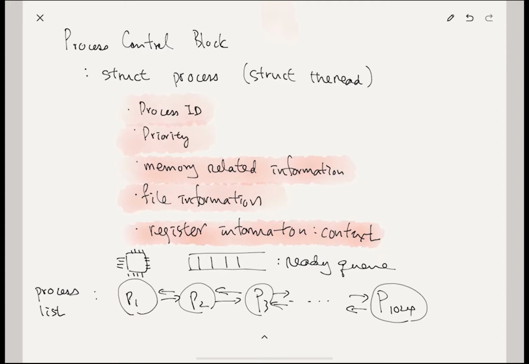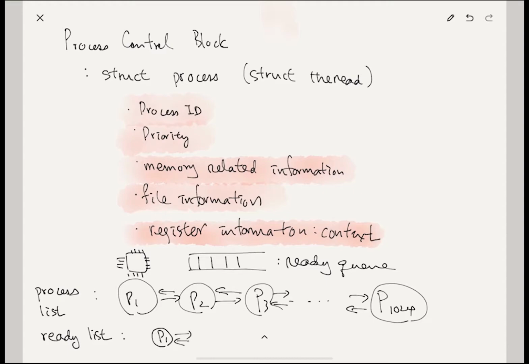However, in reality, the ready queue is also implemented as a list of processes. So there is another list, called the ready list, a list of ready processes or processes in the ready state.